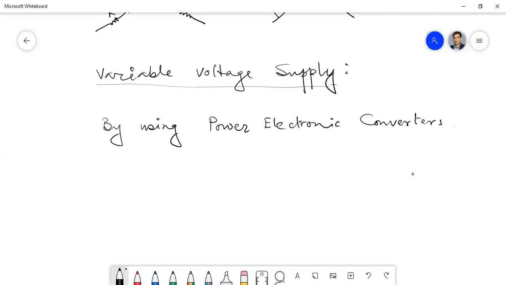So we'll start. Actually, this time we cannot perform the laboratory classes because that is not possible in physical mode. Therefore, we'll give you some assignment on power electronics design.